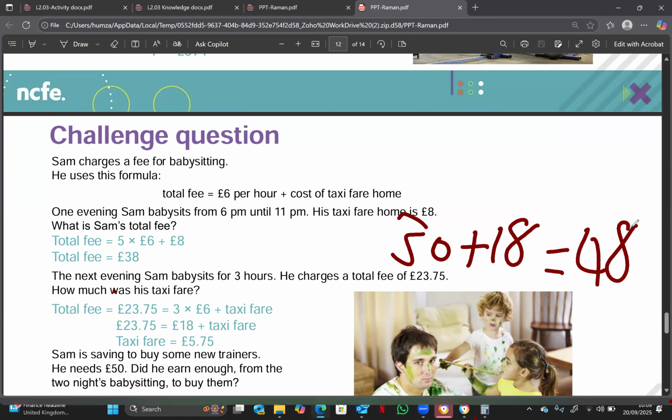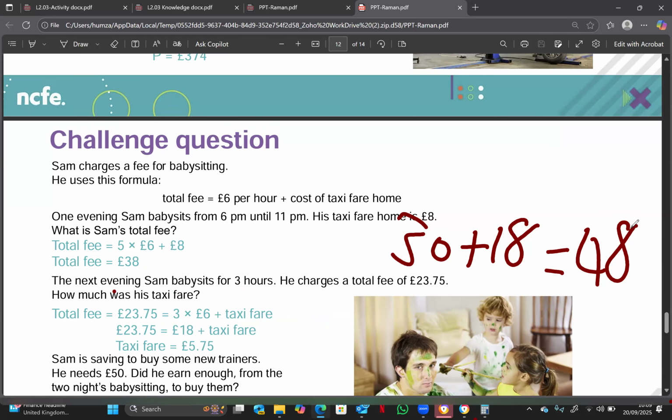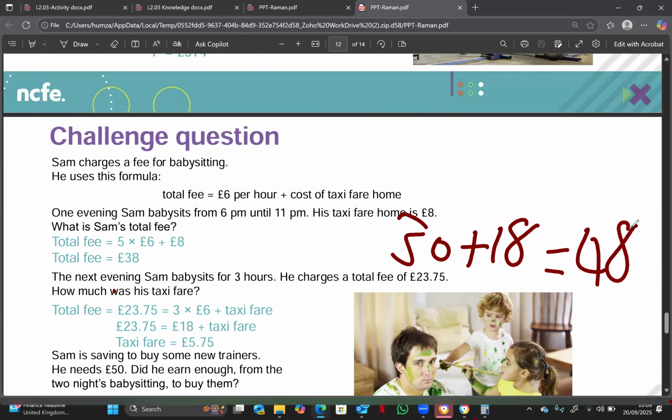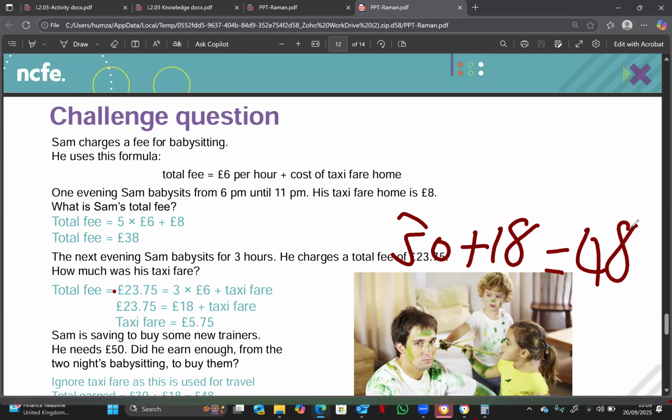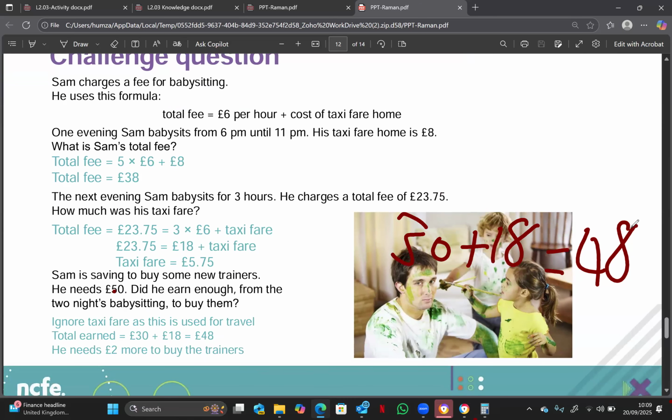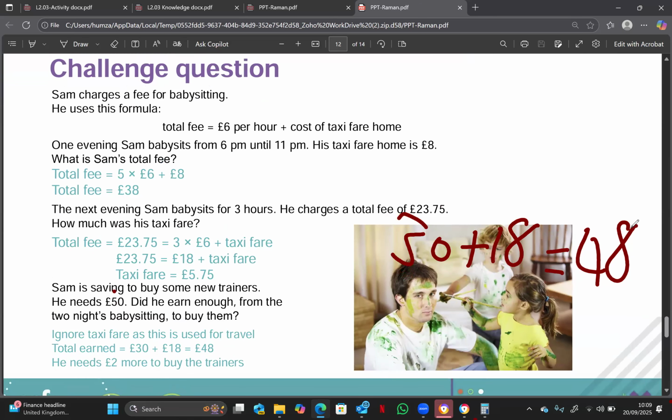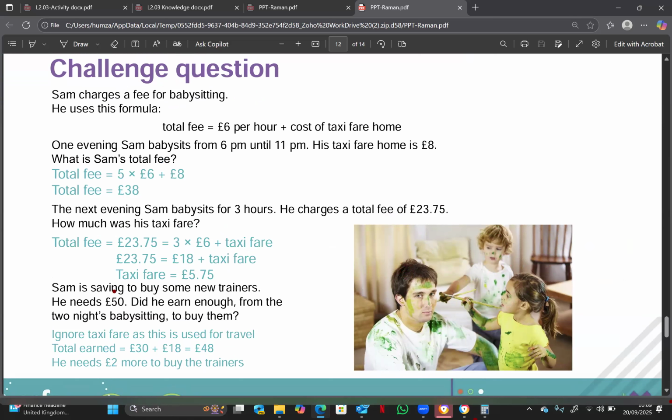So did he earn enough in the two nights or not? Yes or no? No. Exactly. The answer is that two nights is not going to give him 50 pounds. He needs £2 more, which is what you said. Exactly. So he didn't earn enough. Was that clear to you? Yes. Okay. No worries.